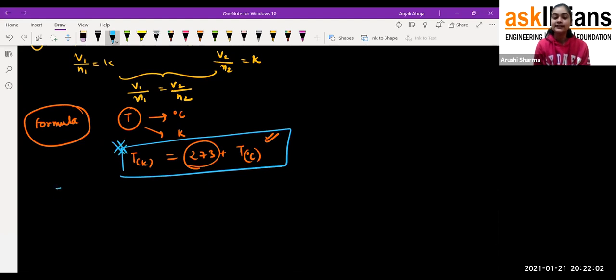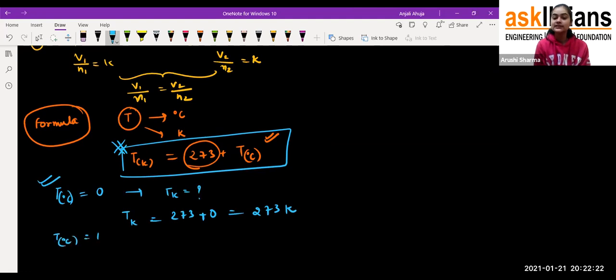Now they have given that the temperature in degree Celsius is 0 in the question, and we have to find it in Kelvin. So it's just that the temperature in Kelvin is equal to 273 plus the temperature in degree Celsius, that is 0. So it comes out to be 273 Kelvin. Okay, if the temperature in degree Celsius is 15 degrees Celsius and you have to write it in T K, then the temperature in Kelvin is equal to 273 plus 15, and you will get your answer.